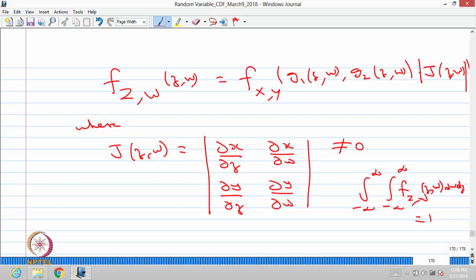There is another remark: some books, instead of a product with the Jacobian, use division by the absolute of the Jacobian.